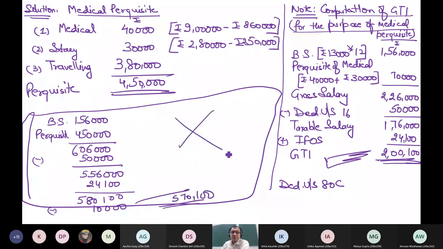But that is not the purpose. The purpose in this question was to show you how to compute the taxability of medical perquisite. If this point is understood, please raise your hand, and with this our medical is also over.